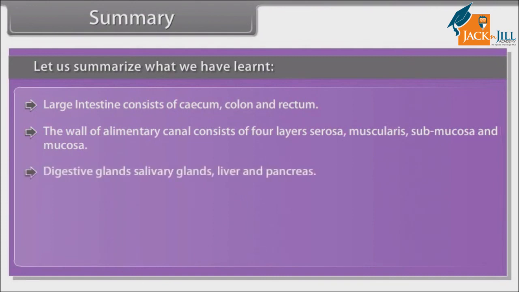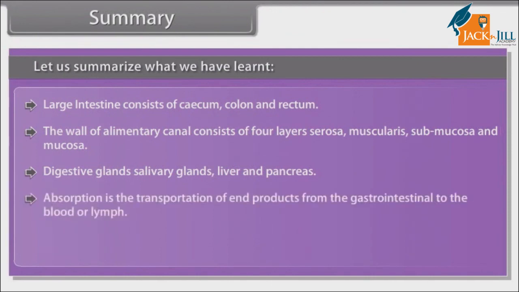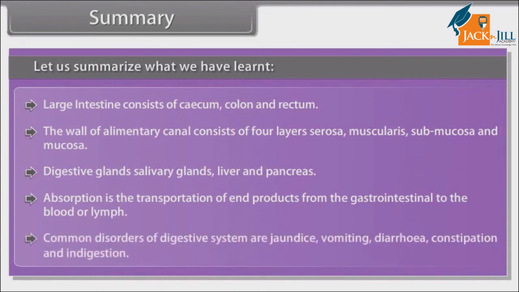Digestive glands, salivary glands, liver, and pancreas. Absorption is the transportation of end products from the gastrointestinal to the blood or lymph. Common disorders of digestive system are jaundice, vomiting, diarrhea, constipation, and indigestion.